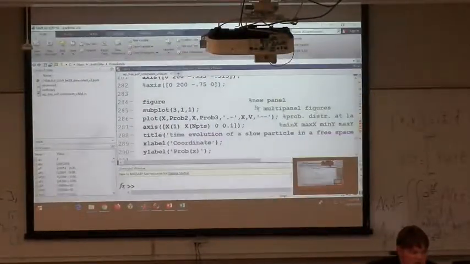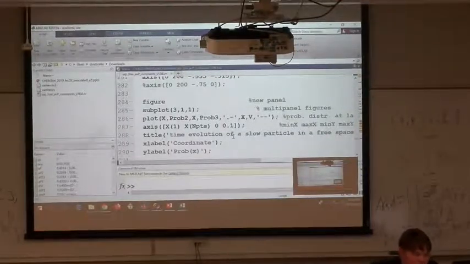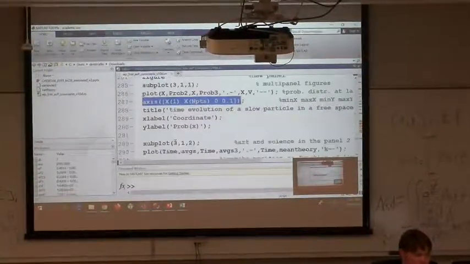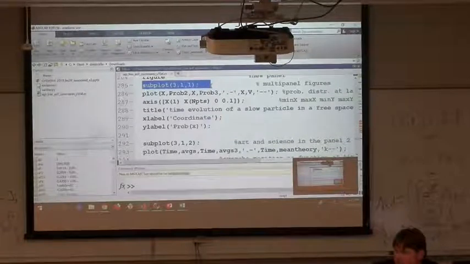there are a couple of formatting commands, but I'm not sure if you all need them. So if you plot more than one data set, you put X and Y one after another. If you want to change the range, you put initial and final X, initial and final Y. And if you want to have more than one panel, you do this subplot stuff.